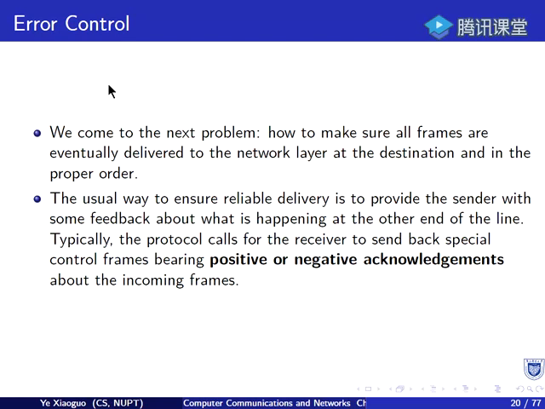The usual way to ensure reliable delivery is to provide the sender with some feedback about what is happening at the other end of the line. Typically, the protocol calls for the receiver to send back special control frames bearing positive or negative acknowledgements about the incoming frames. So it depends on some reply mechanism, a reply from the receiver.